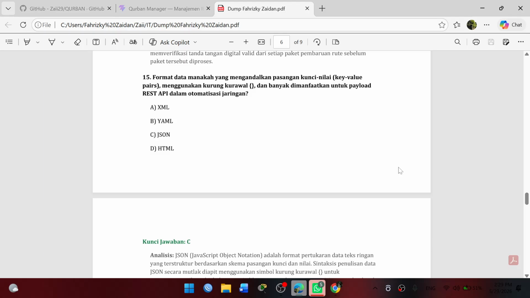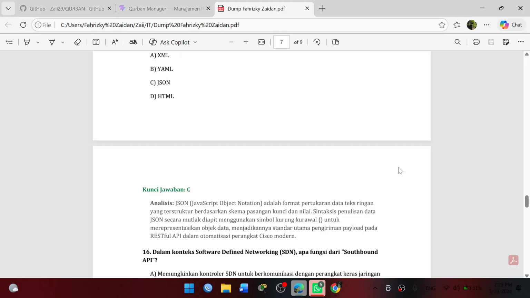It's a lightweight text format used for data exchange. It structures data using key-value pairs enclosed in curly braces. This format has become the primary standard for sending payloads over RESTful APIs in modern Cisco network automation.